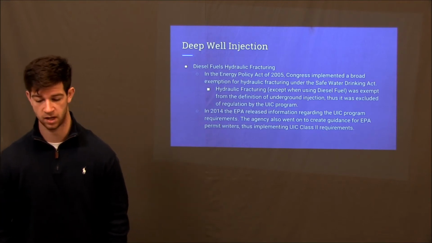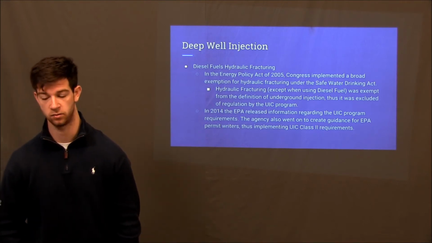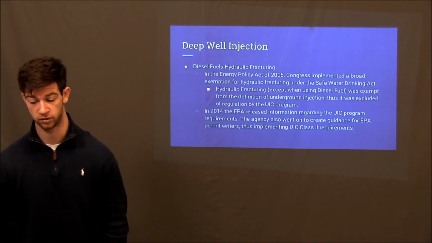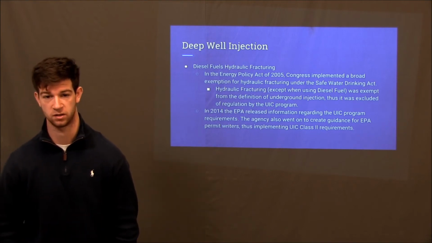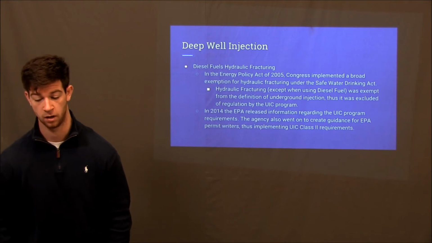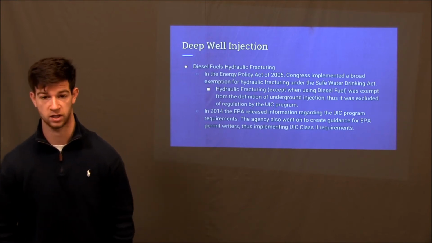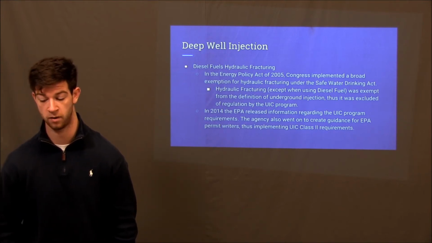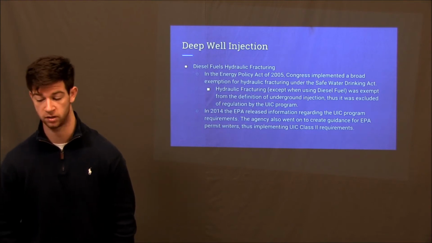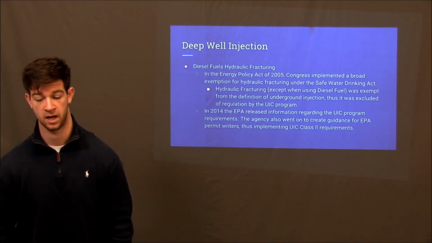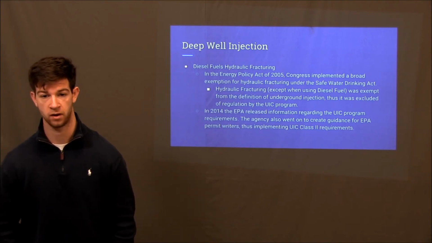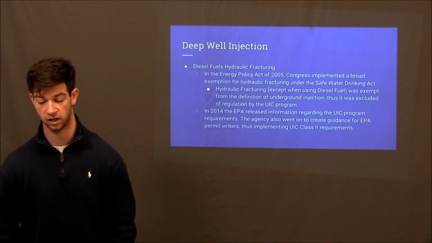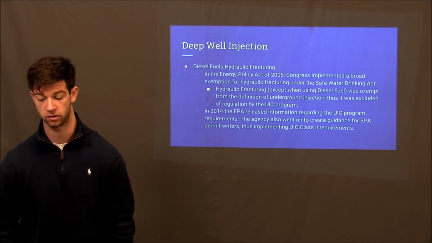Second, the EPA's interpretation of the SDWA term diesel fuels for permitting purposes. So basically, it mentions what these diesel fuels actually are. Third, it described the existing UIC Class 2 program requirements for permitting underground injection of diesel fuels in hydraulic fracturing. And lastly, it provided guidance for the EPA's permit writers preparing UIC Class 2 permits for diesel fuels use in hydraulic fracturing.